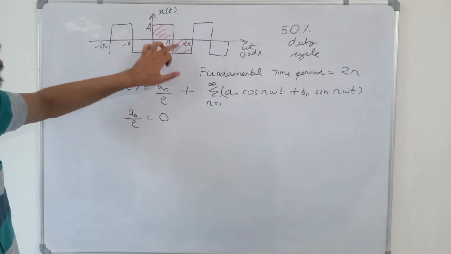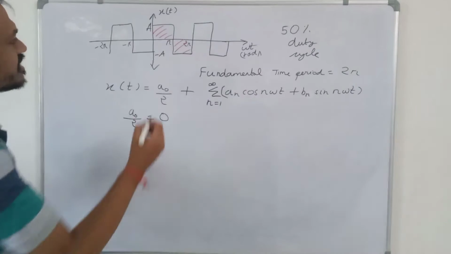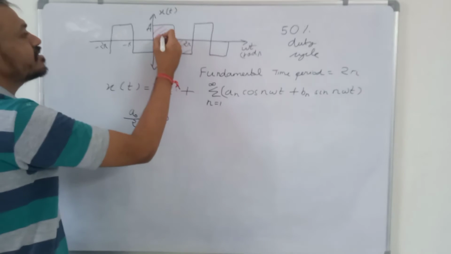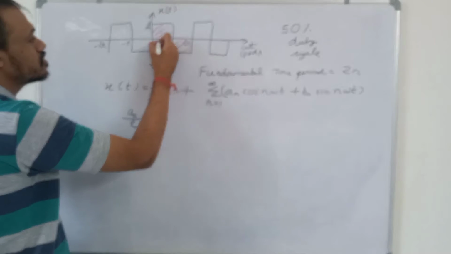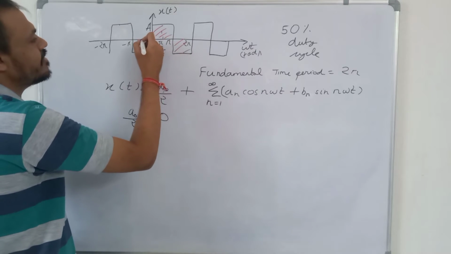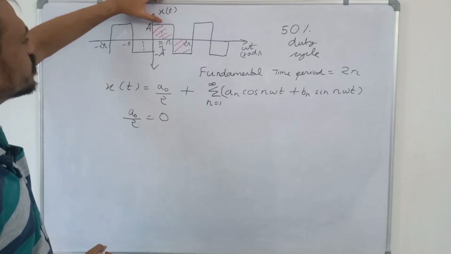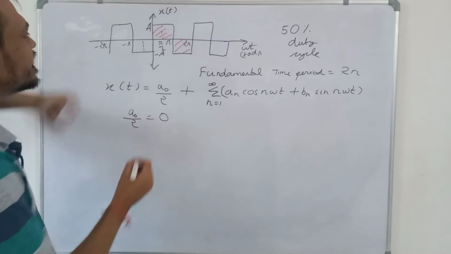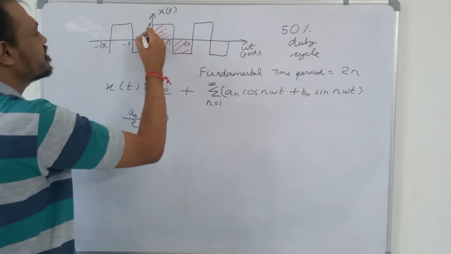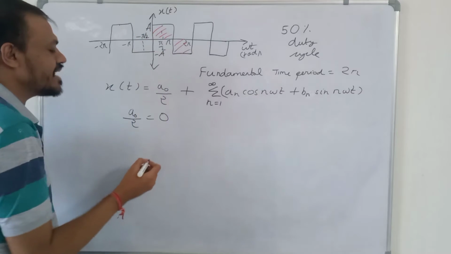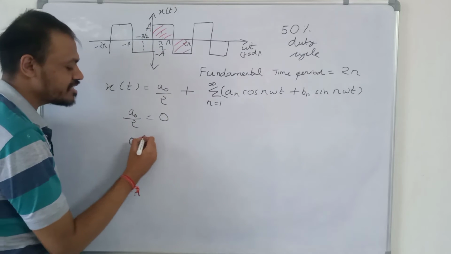Also this signal has odd symmetry because the value at say pi by 2 and the value at minus pi by 2 are totally opposite. The value at pi by 2 is a, the value at minus pi by 2 is minus a. Similarly you can check for all the other values. So this signal has odd symmetry.